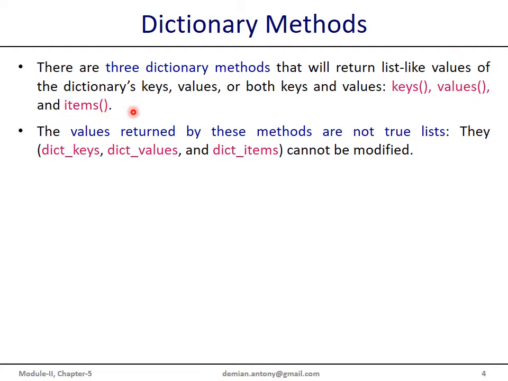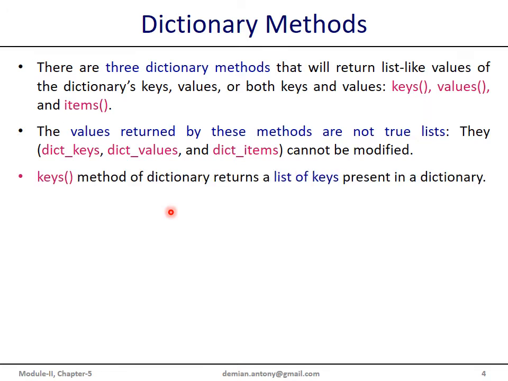As I said, the values returned from these methods are not true lists, they are list like structures. It means that we cannot modify the contents of these list like structures called dict_keys, similarly dict_values and dict_items. So these are the list like structures returned from the keys, values and items methods.